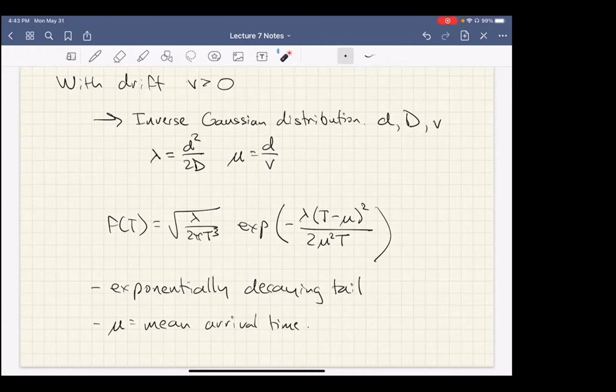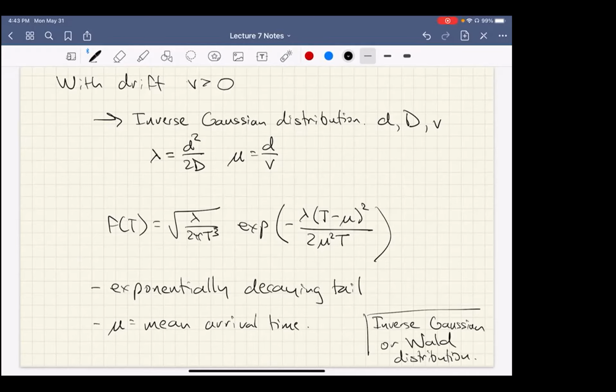Moreover, if v goes to 0, then mu goes to infinity, and I suppose you could take the limit as mu goes to infinity, and hopefully you would get back to something like the Levy distribution. This is also called the Wald distribution. I've seen that term as well. So the inverse Gaussian or Wald distribution.